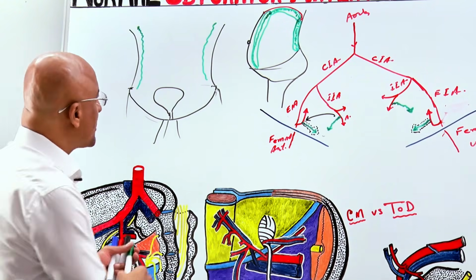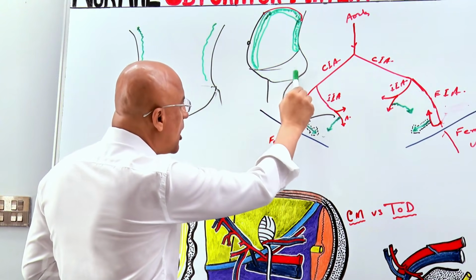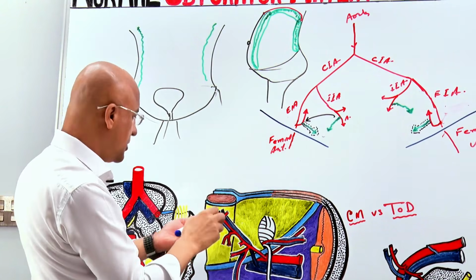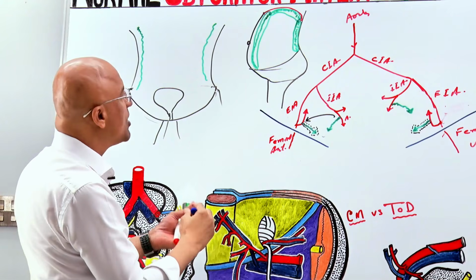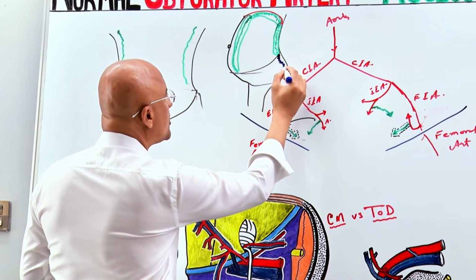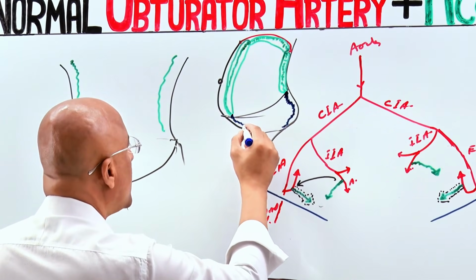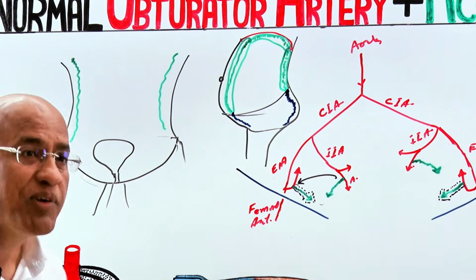It's clear? But from the pelvic brim, when this fascia comes down, okay, I will change the color. Suppose from here it is coming down. Now this fascia, which is with the pelvic wall, we call parietal pelvic fascia.